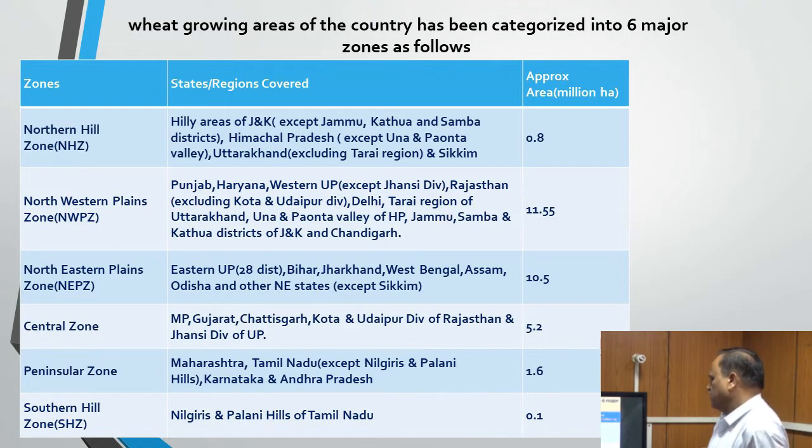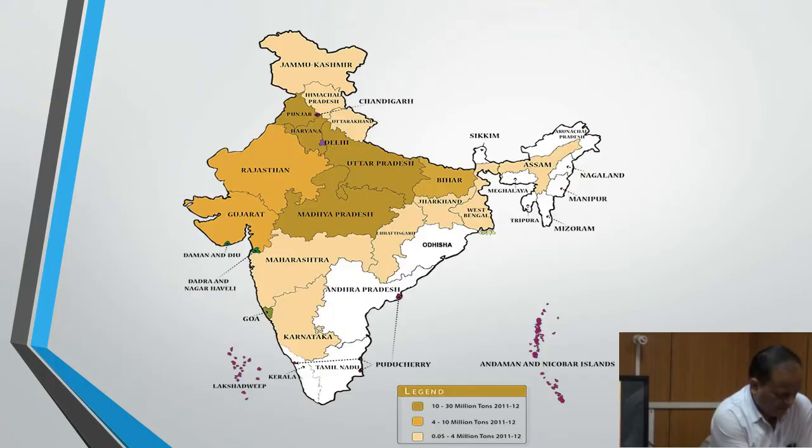And this zone contributes about 1.6 million hectares in area. Now you can see the area. You can see the production in different zones.